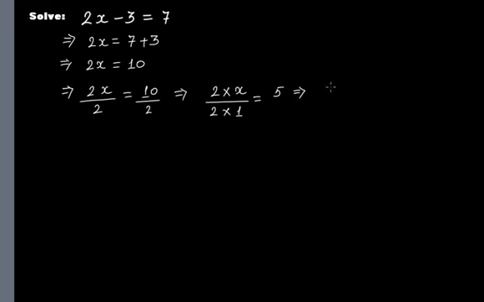Now, this can be written as 2 divided by 2 times x divided by 1 is equal to 5. 2 divided by 2 means what? You'll get 1. You are left here with x by 1 is equal to 5. X by 1 is what? X only. So you get x is equal to 5.